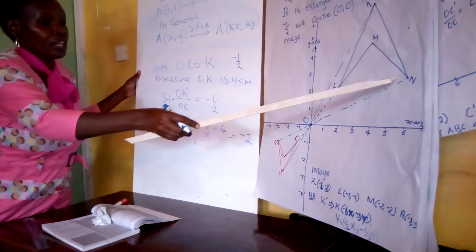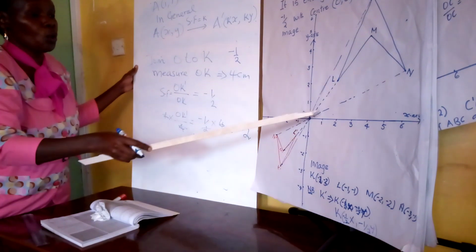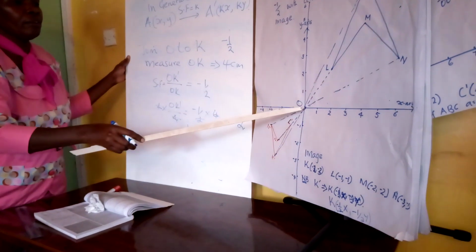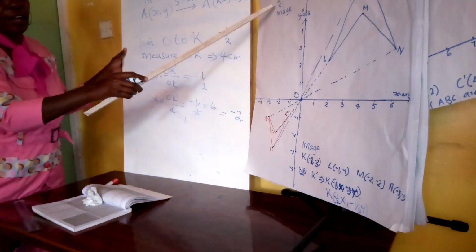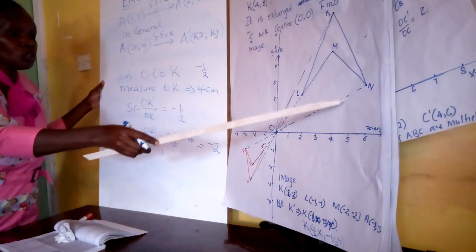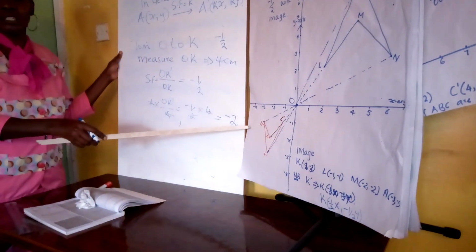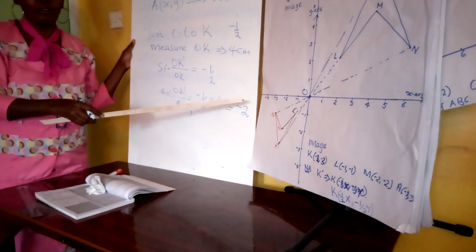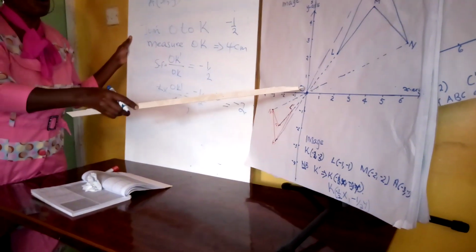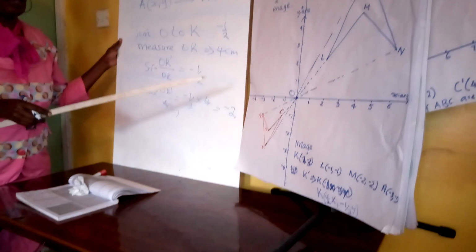So same case with N. Again, join N to O, measure ON, multiply by negative a half, and then whatever magnitude you get, you measure it on this other side of the graph. That is the opposite side of the center of enlargement.